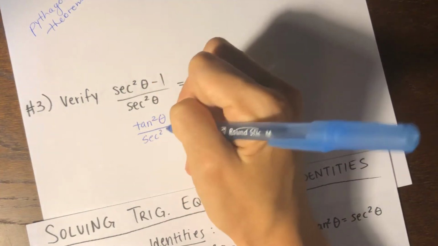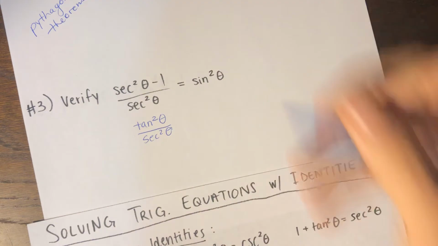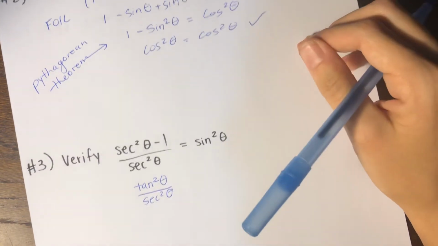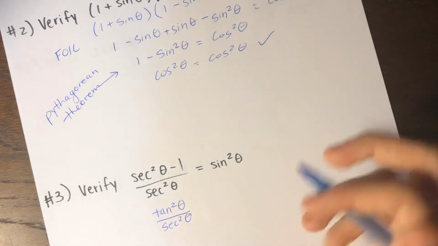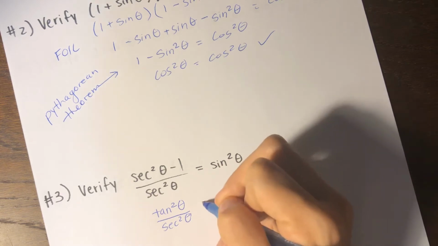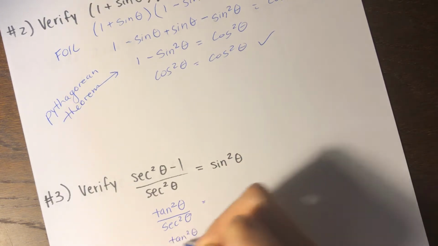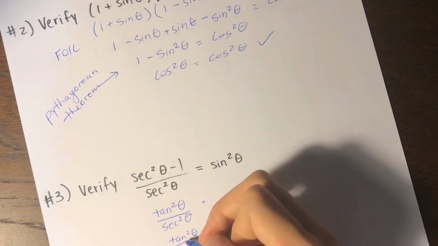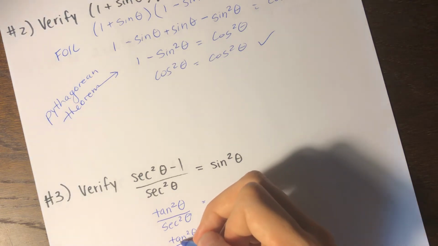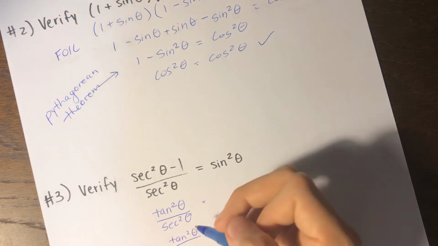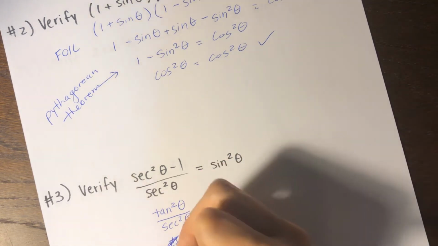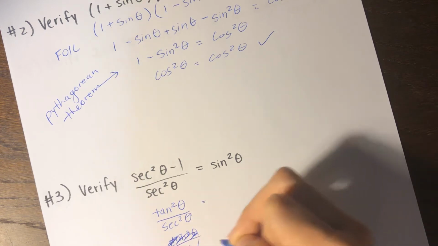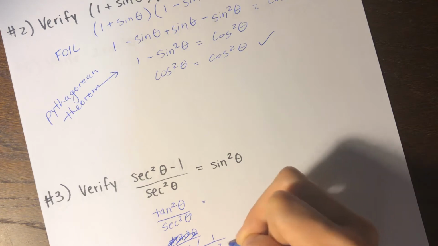The next thing I know, I'm going to keep this over secant squared of theta for now. Remember that using reciprocals, I could rewrite that as tan squared of theta times 1 over secant squared of theta.